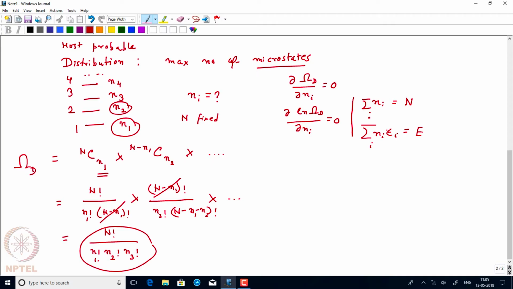Keeping the total N constant, I cannot vary them independently, because these equations are not linearly independent because of the constraint. So there is something called the Lagrange method of undetermined multipliers.